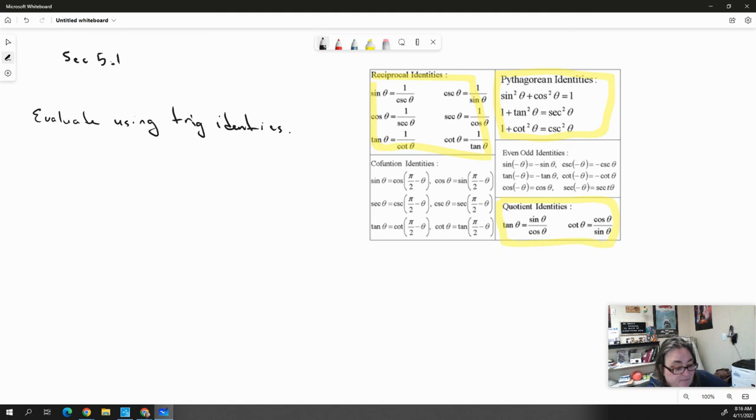So if I am given, for example, the conditions secant of u, that's just the name of our thing, equals -3/2, and tangent is greater than 0.